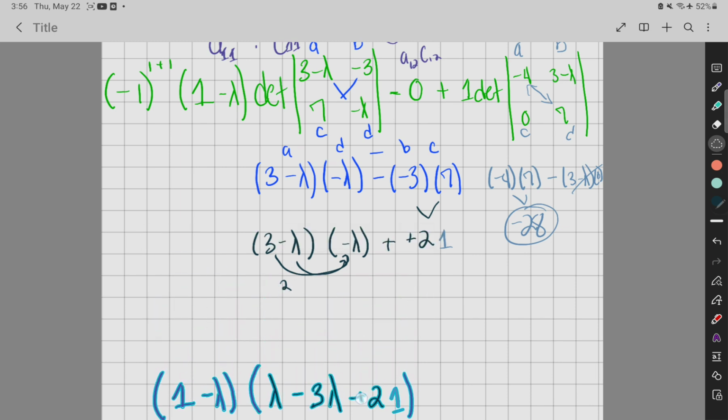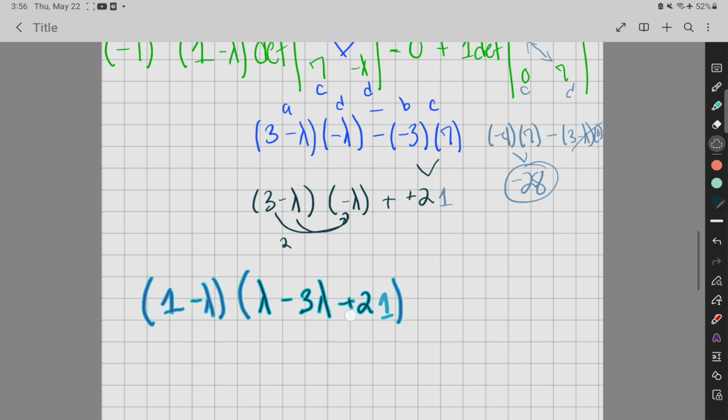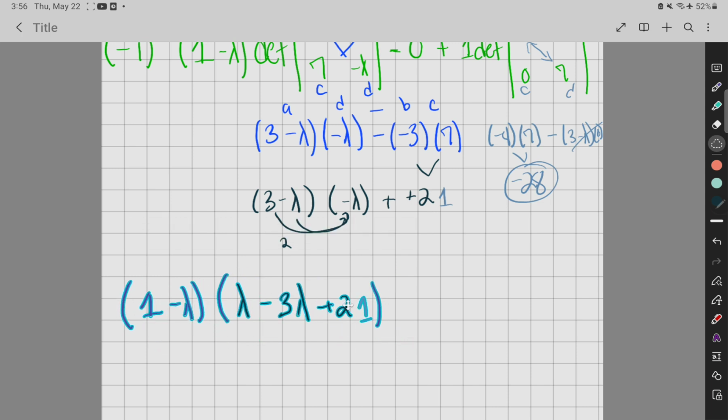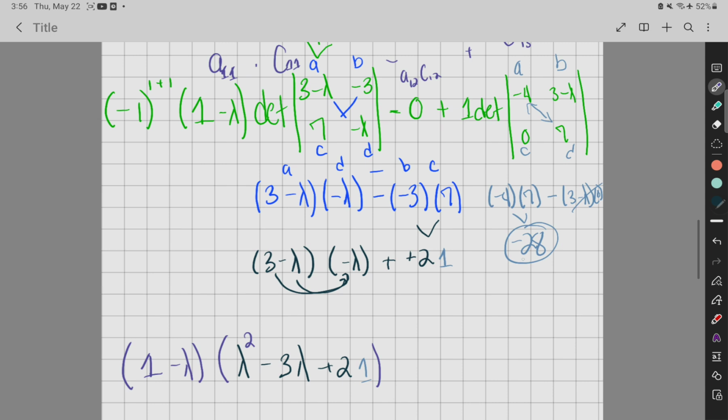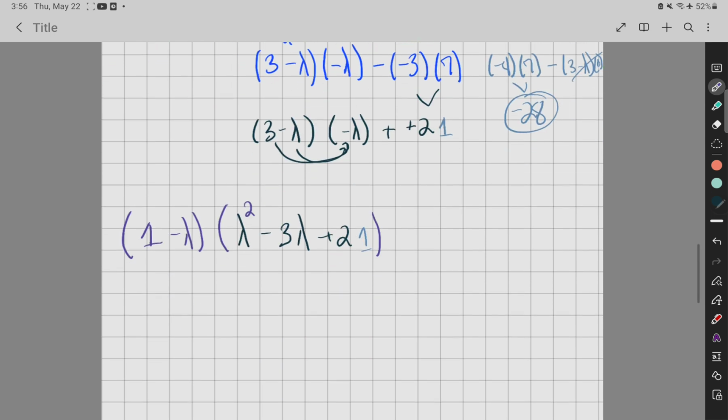That's fine. I'll just delete the 2. Right here. So then after that, this is just negative 28 times 1, which is just negative 28. So then you're going to put the negative 28 outside of here, right?